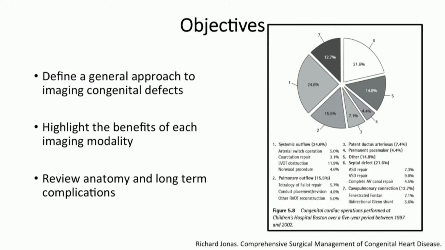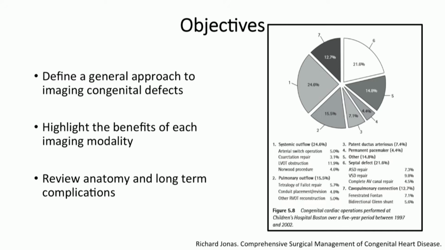So I like to start my talks with a slide like this, because most of the audience today is an audience of adult imagers, cardiologists, sonographers, technicians, MRI and CT. So I like to put into perspective what is coming our way.